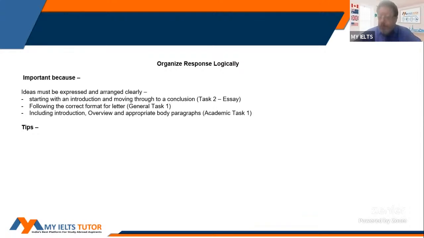Now, tips here. So I hope you're listening there, Esha, and following me. Tips for this: be sure to use a range of linking words and phrases, okay? These are your connectors, such as, for instance, for example, in conclusion, all right? I did a video on connectors several months ago.